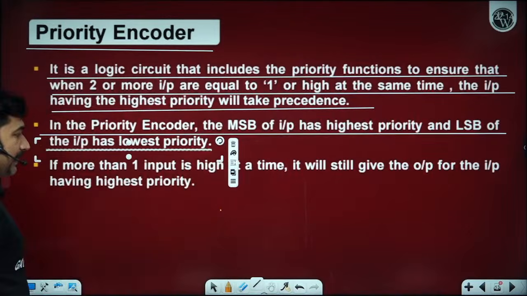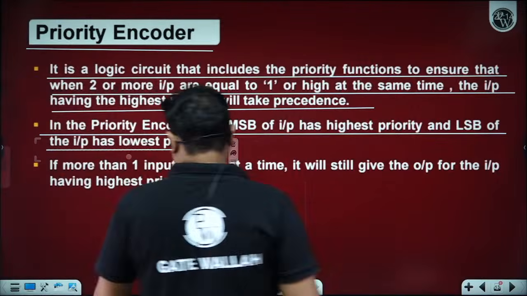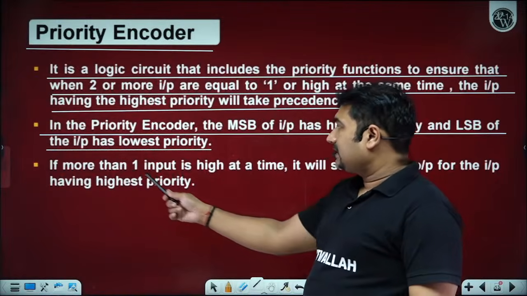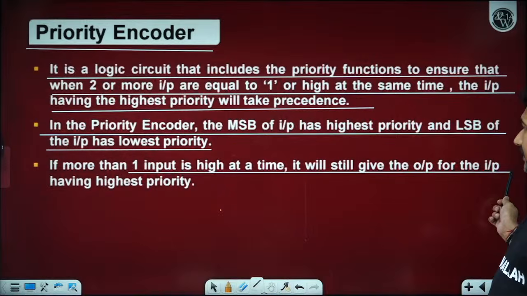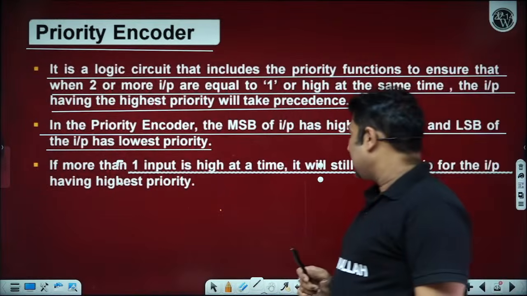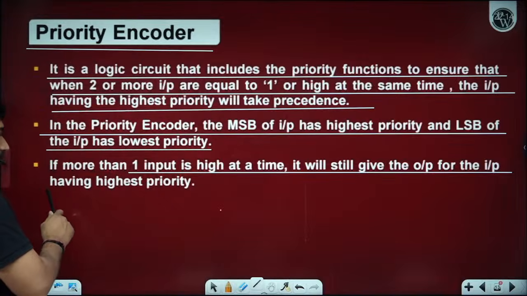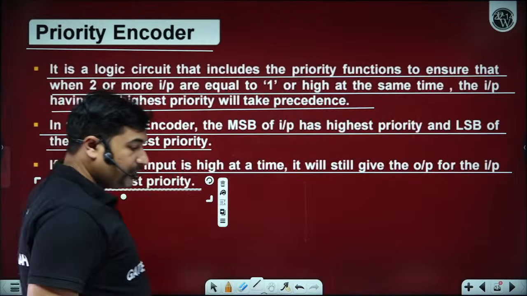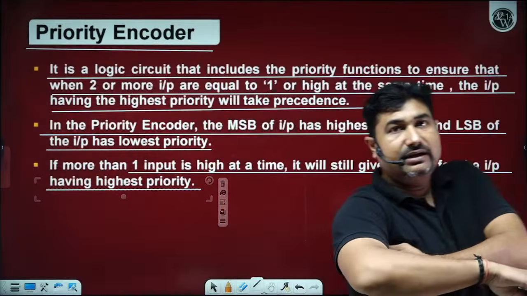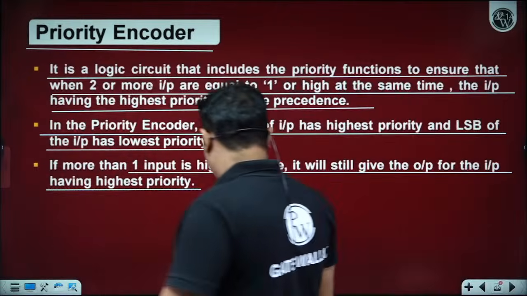Is it okay? Yes, sir. Now please observe this one. If more than one input is high at a time, it will still give output for the input having higher priority. Not highest, it is the higher priority.